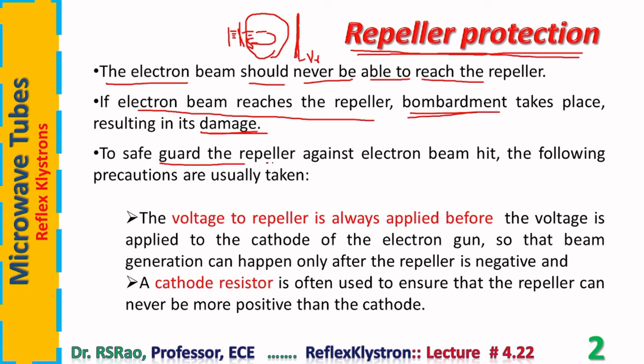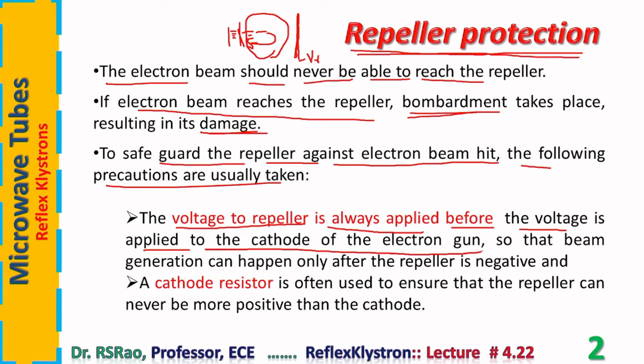To safeguard the repeller against electron beam hit, the following precautions are usually taken. Voltage to the repeller is always applied before the voltage is applied to the cathode of the electron gun, so that beam generation can happen only after the repeller is negative. This is one way to avoid electron beam hit of the repeller plate.